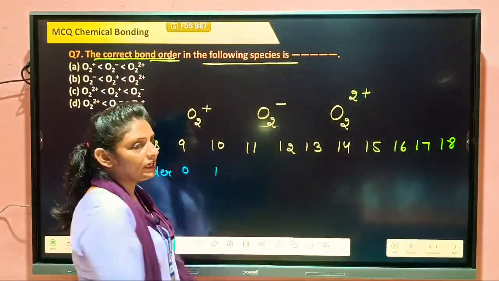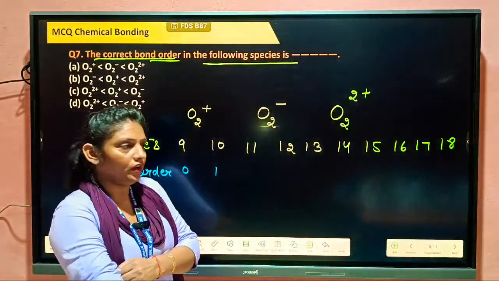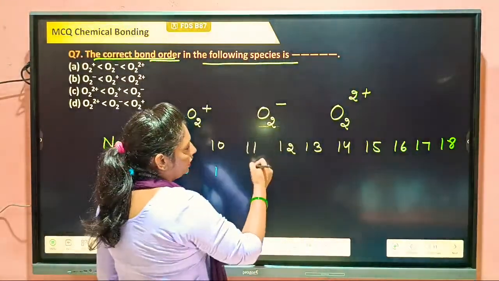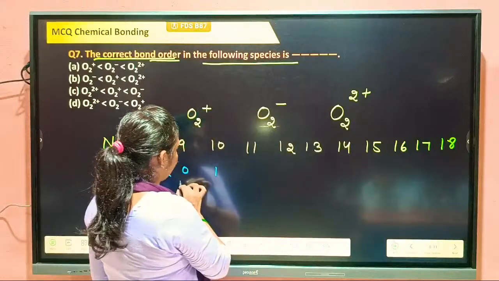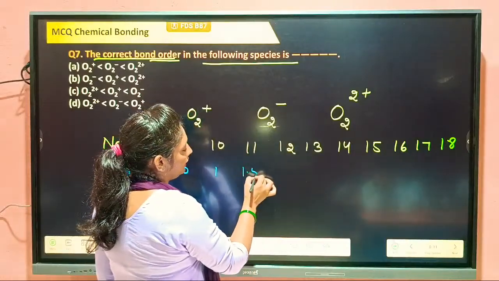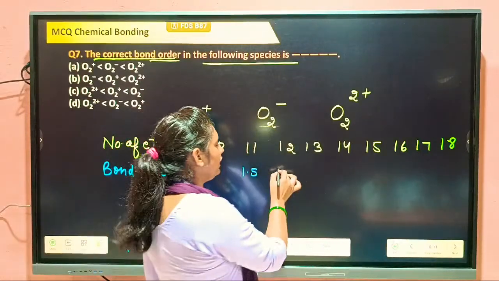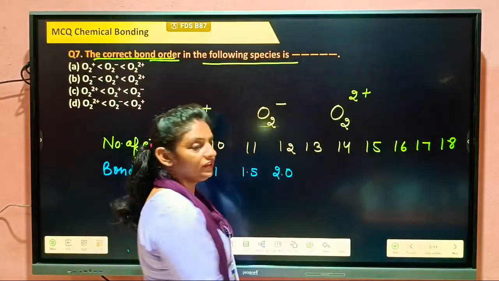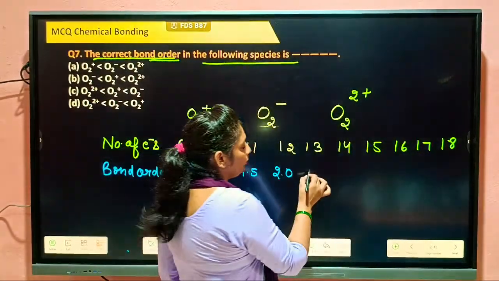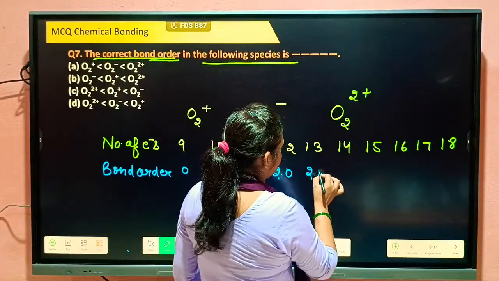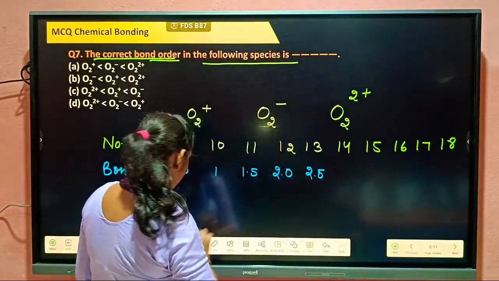If electrons are 10, then bond order will be 1. Then you will increase by 0.5. So if 11, then it is 1.5. Then again increase by half, then it is 2. Then 2.5. Then 3.